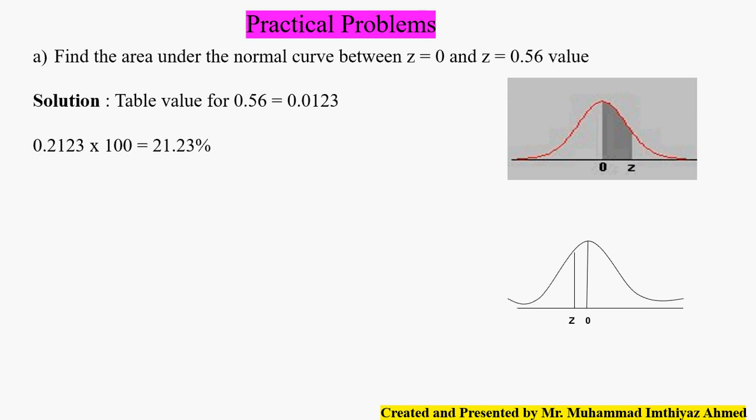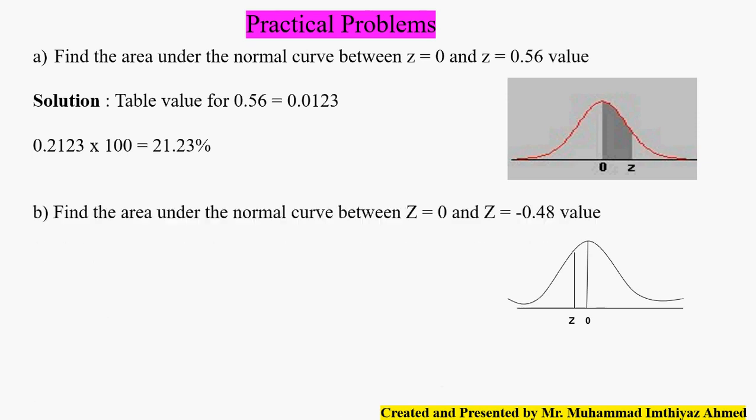So you may ask a question, what if the values are negative? That is going to be our problem number 2. Find the area under the normal curve between z equal to 0 and z equal to minus 0.48. Now, in this, you can see the diagram. From 0, it is moving towards left. So, left means negative, towards right means positive.